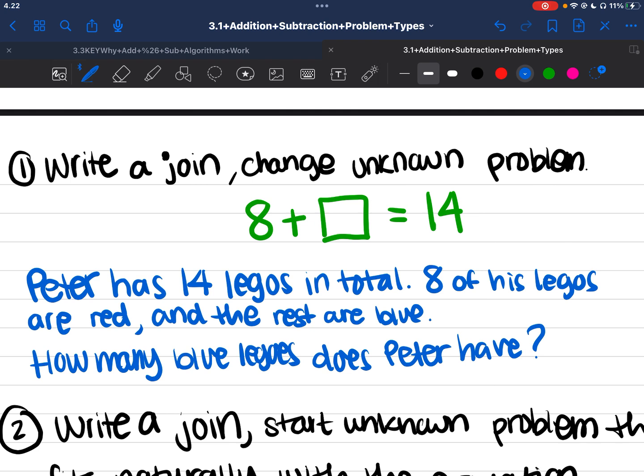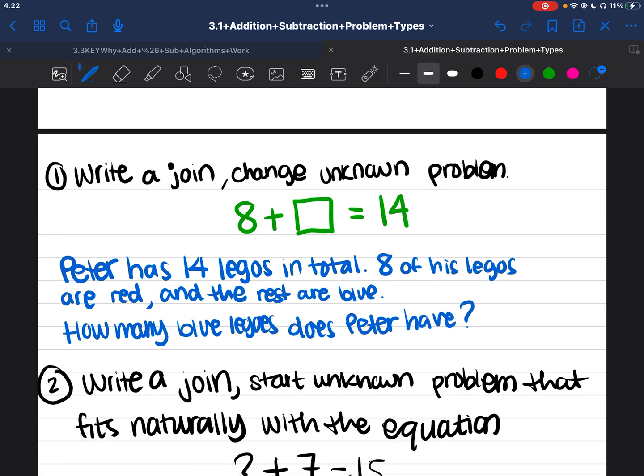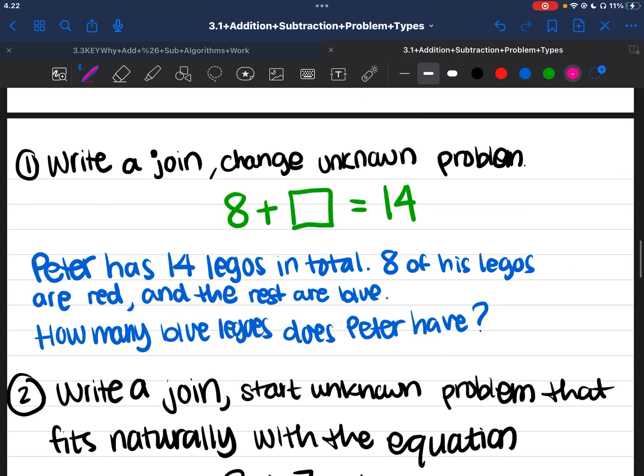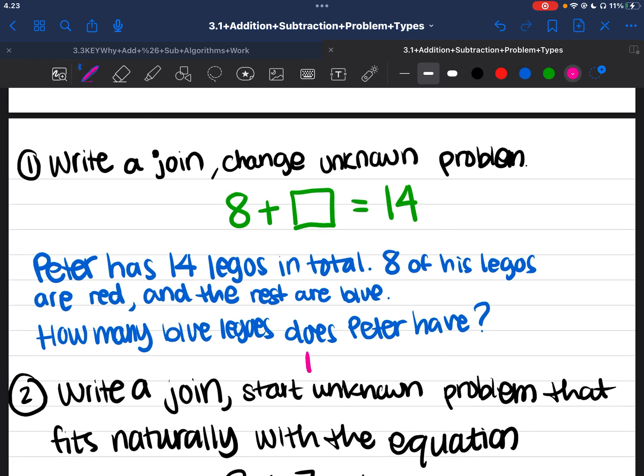Yeah. If I were to cover this number sentence up, I'm gonna rewrite the number sentence here. Peter has 14 Legos in total. So that's my signal knowing I know the result. So this is not a result unknown problem.